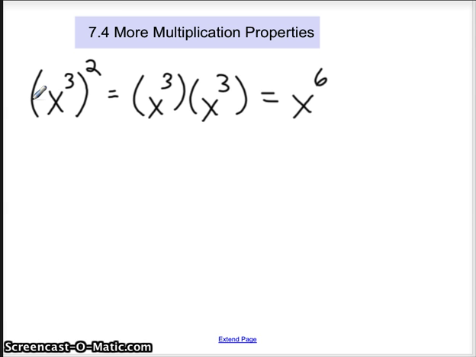All right, well, what about something like this? X to the 4 to the 4th power. What happens here? Well, this means we have x to the 4 times.